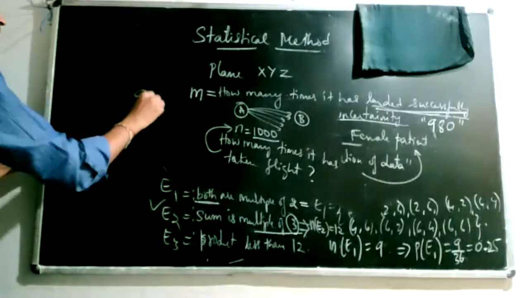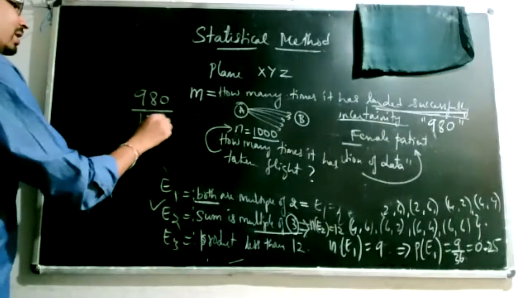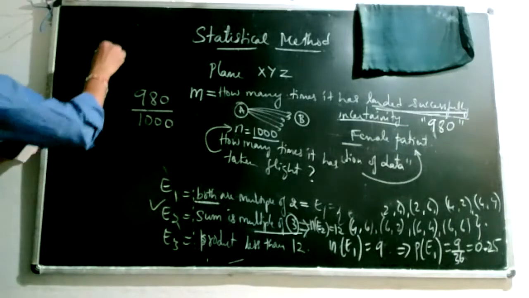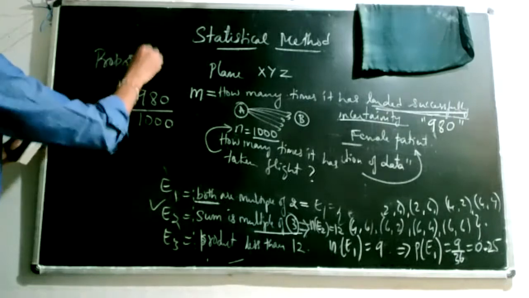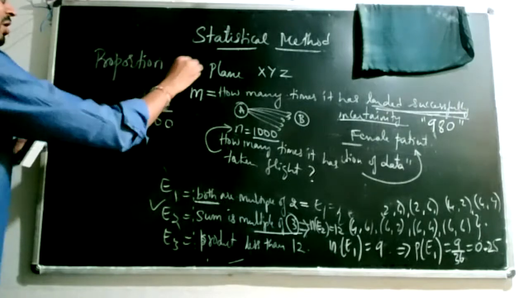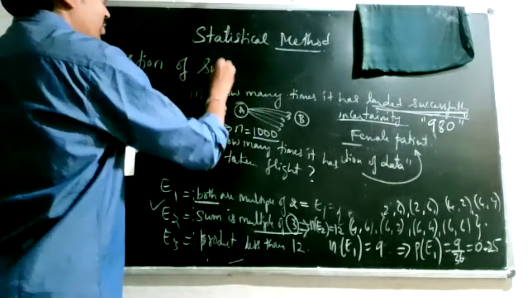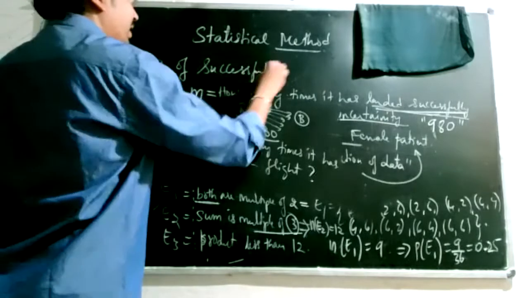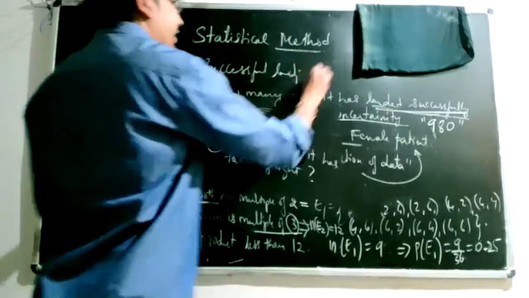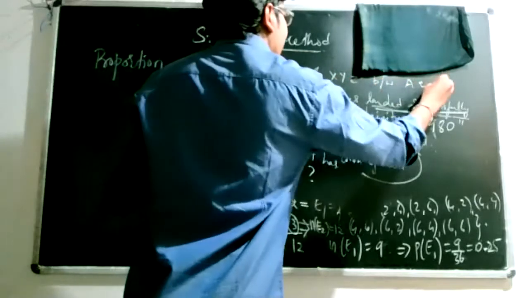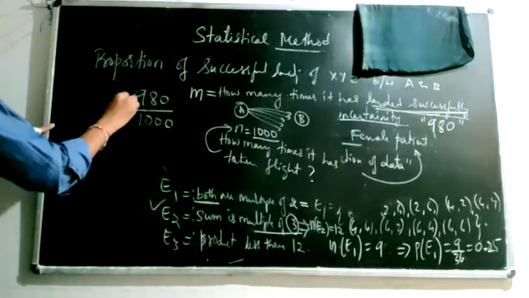Then I could obtain a proportion for that case, so we have obtained the counts. Now the count will be converted into proportion, and if you're computing the proportion of successful landing of flight XYZ when it travels from A to B, it is 980 by 1000.